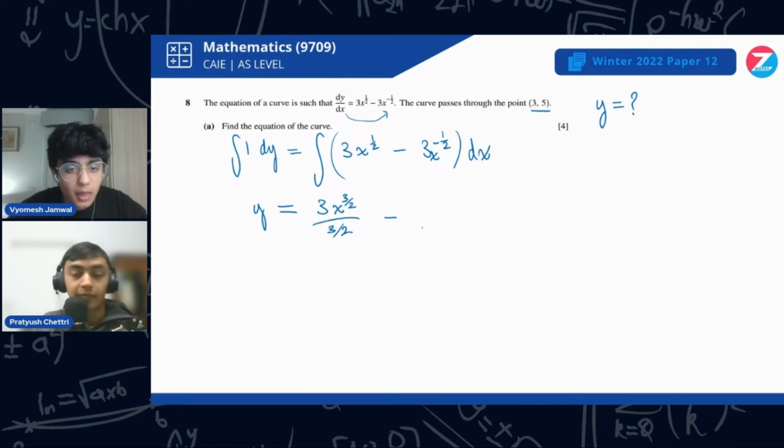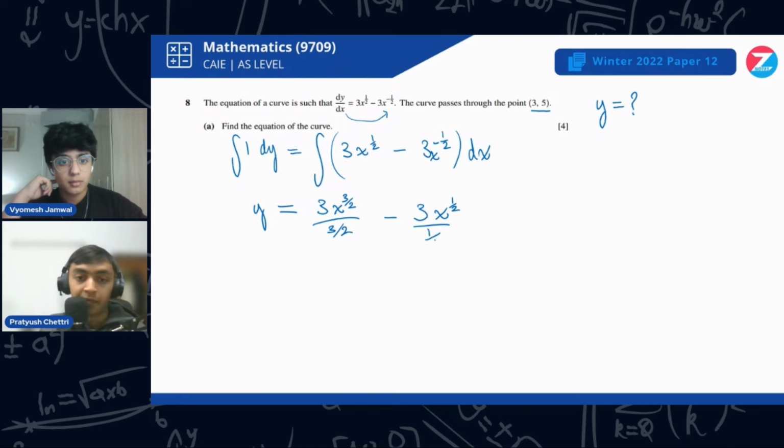Oops, my bad. So it'll be 3x to the power half divided by half. And we could just simplify, plus c. I almost forgot. So now what we do is that 3 divided by 3 upon 2 is basically 3 times 2 upon 3, which is 2.